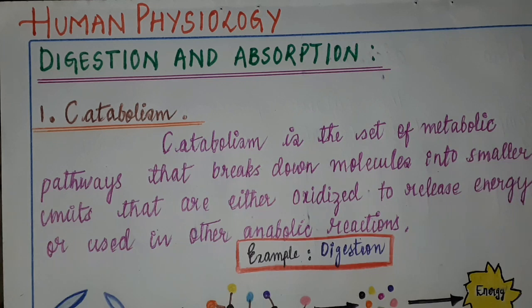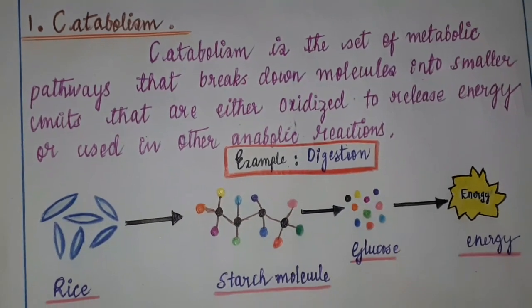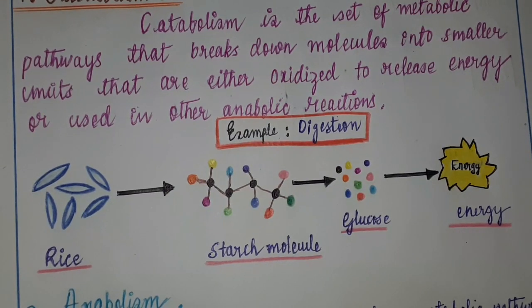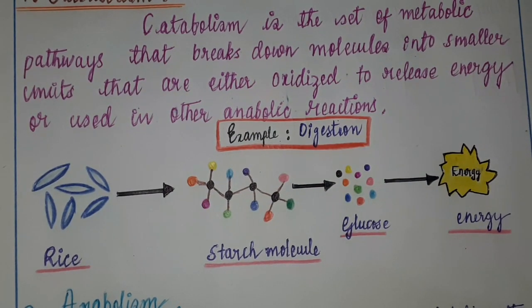The best example for catabolism is digestion. So rice is the larger molecule, right? The larger molecule should get converted into smaller units. This larger molecule will break down into smaller units due to enzymatic reactions.